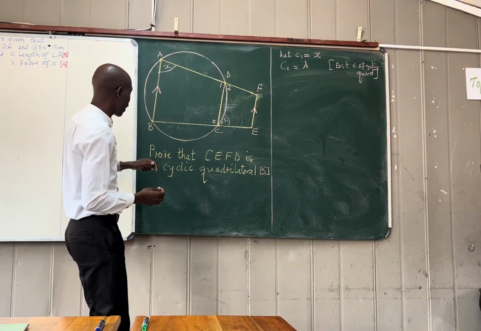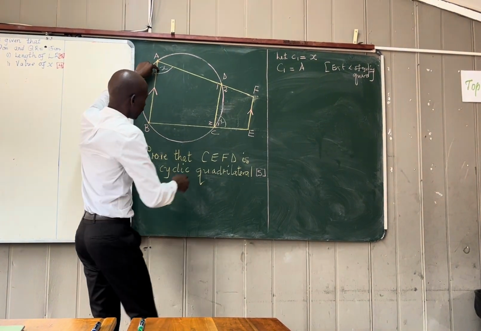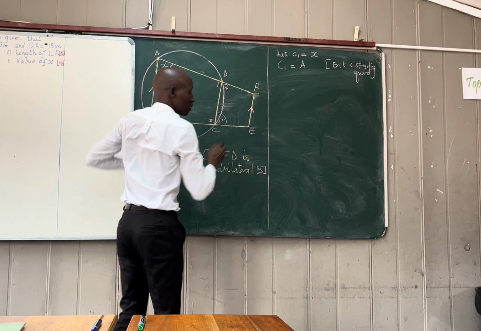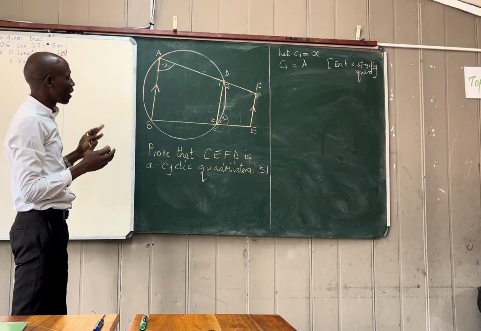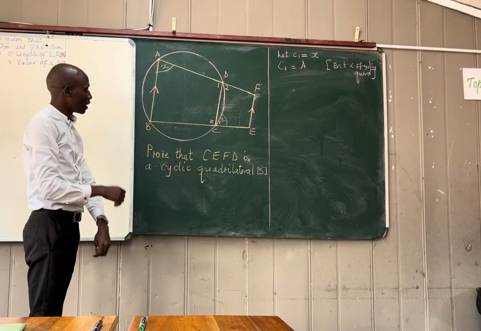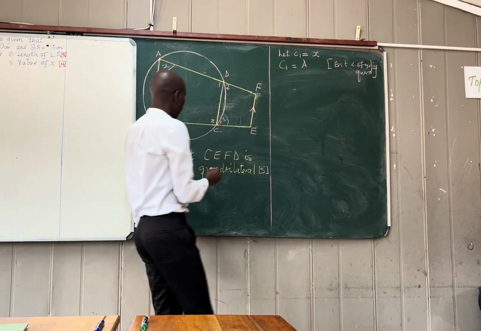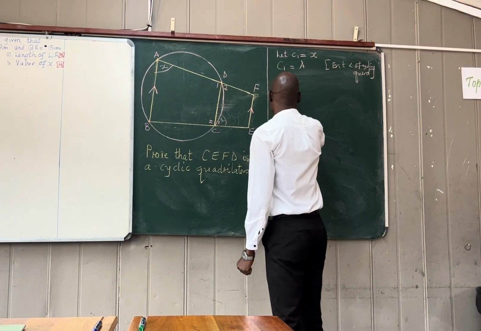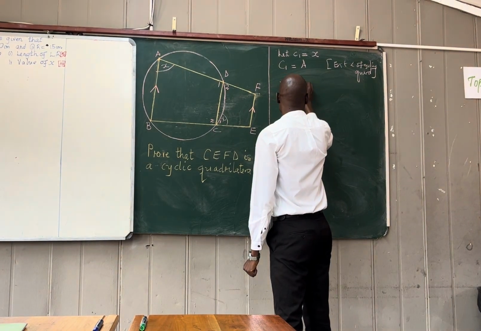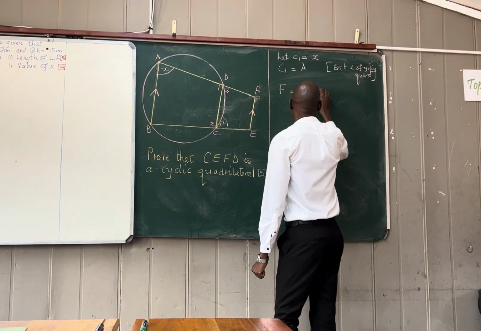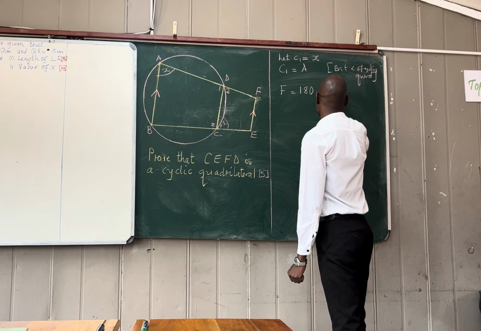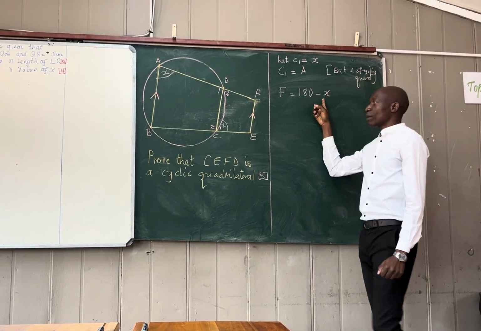If you check angle A and F, they are all in the fun, and in this instance they form co-interior angles. So we can note that F is equal to 180 minus X. Where is the X coming from?